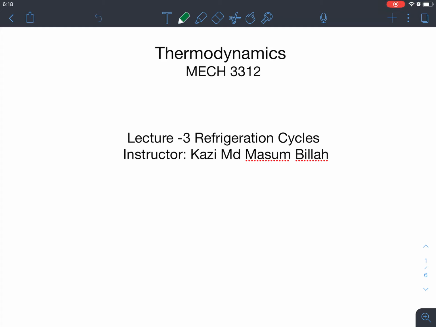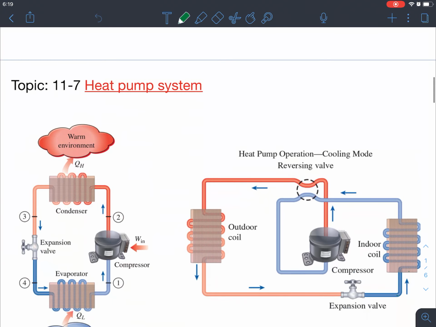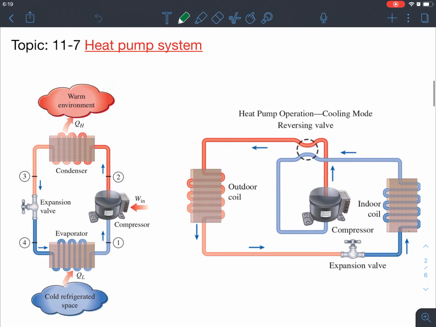In the last class we talked about the ideal vapor compression refrigeration cycle as well as the actual vapor compression refrigeration cycle. Today we are going to talk about the heat pump. Heat pumps are generally used in domestic applications, and they are expensive, and their initial installation cost is higher.